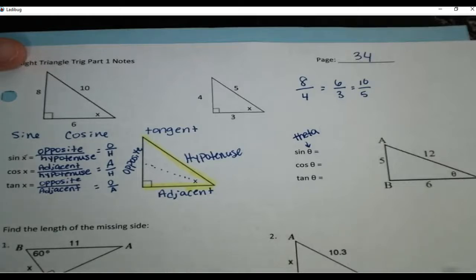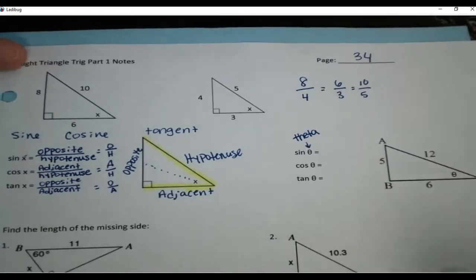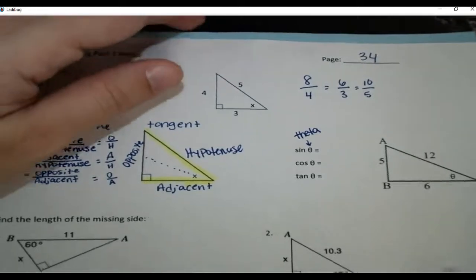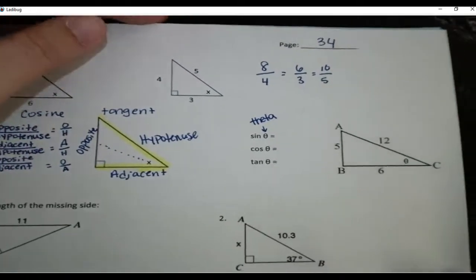If you see a theta and you don't like it, make it an x. It doesn't matter. Again, it's just a variable used for angle measure, pretty much.